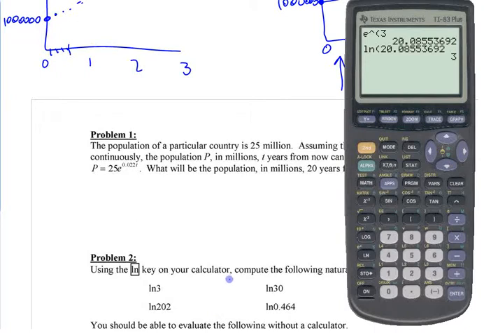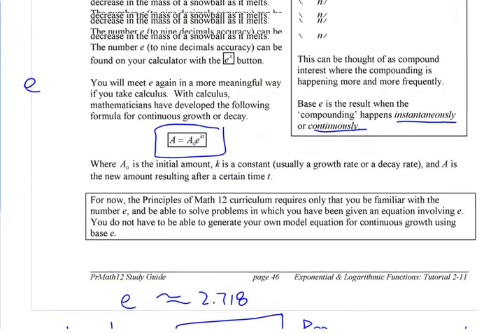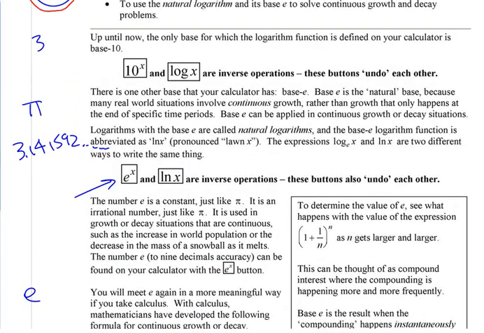Those are inverses of each other. These two buttons are the same to each other as these are. And I know you don't have these buttons, but if you had 2 to the x and log base 2 of x, it's the same as those things are to each other. So you can read that sometimes and see what it is.